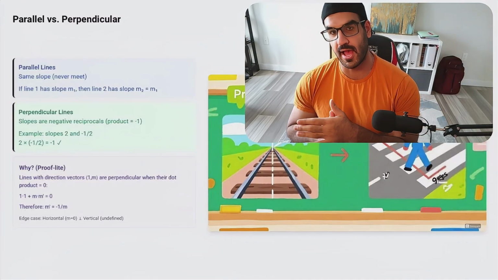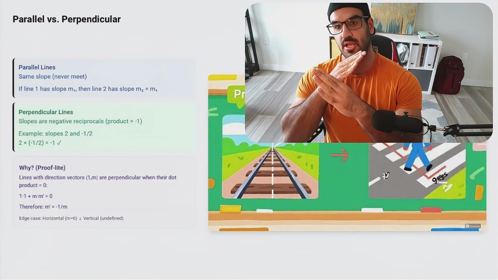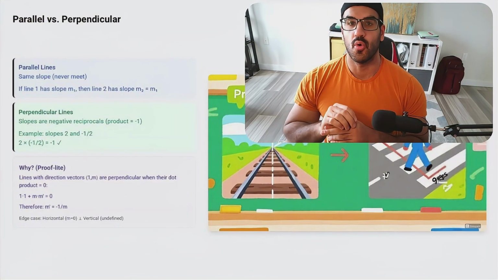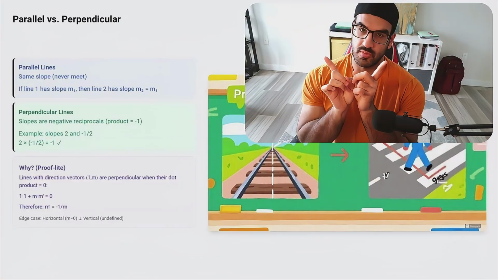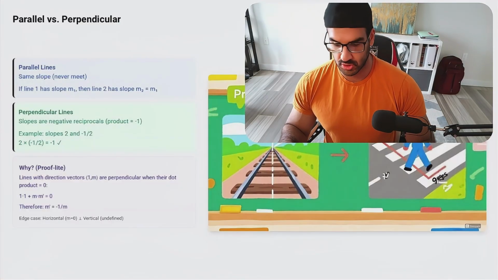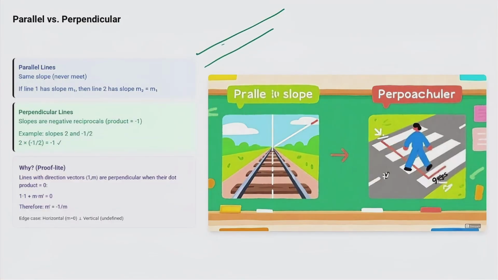On the other hand, when we have two lines that intersect, or the angle between them is 90 degrees after intersection, let me show you like this. These lines are parallel because they're not going to touch each other. And these lines are perpendicular, because the angle between them is 90 degrees. When we have parallel lines, it means they have the same slope.